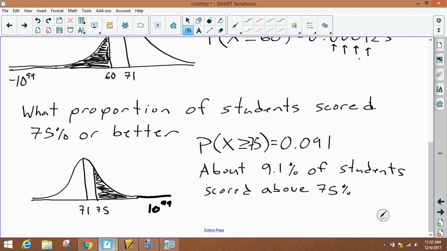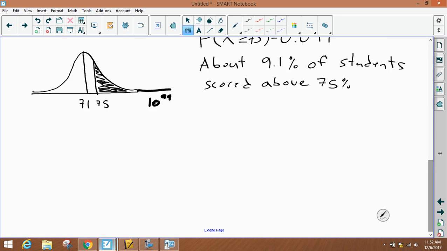Okay, last thing we need to calculate. What if you were asked, what percentage, and I can ask these questions, I can interchange these. I could say what proportion of students scored this well, what percentage of students scored this well, what is the probability that a student scored this well.